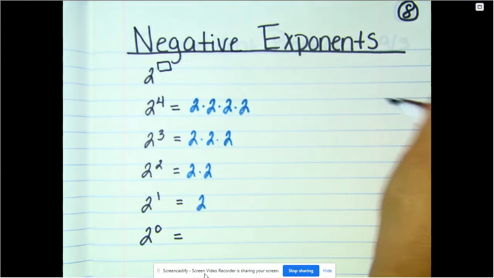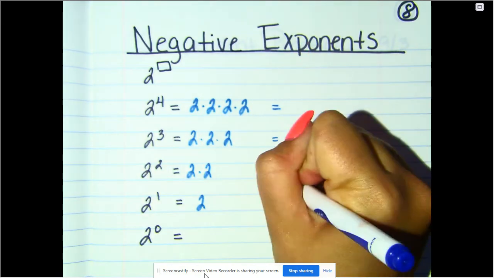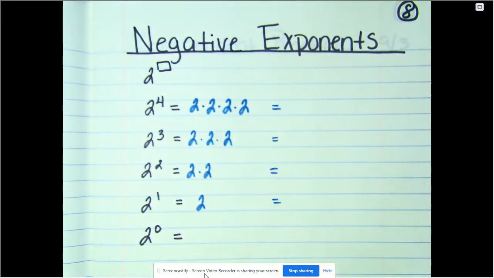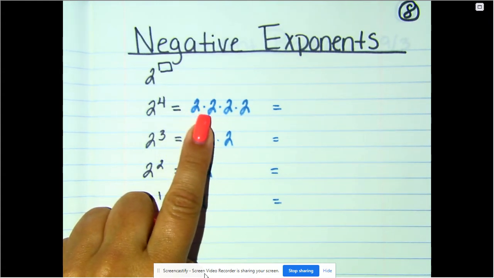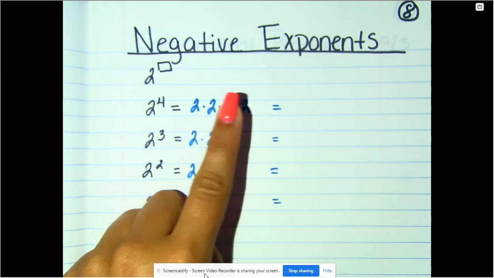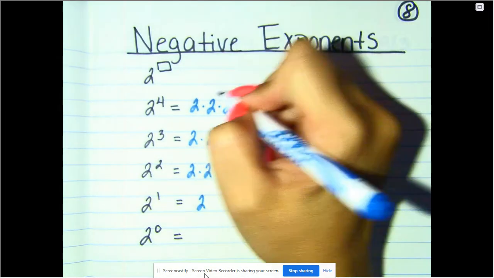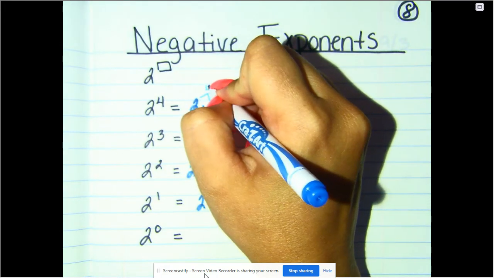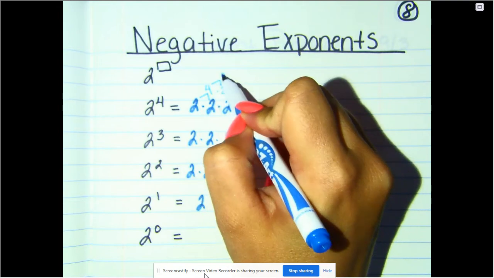Okay, so I'm going to start by giving a value to these. So I'm going to multiply all of these numbers. Let's do 2 times 2. That's 4. Times 2 is 8. Times 2 is 16. So again, in my head, I just went through and did 2 times 2, that's 4. Times this 2, that's 8.